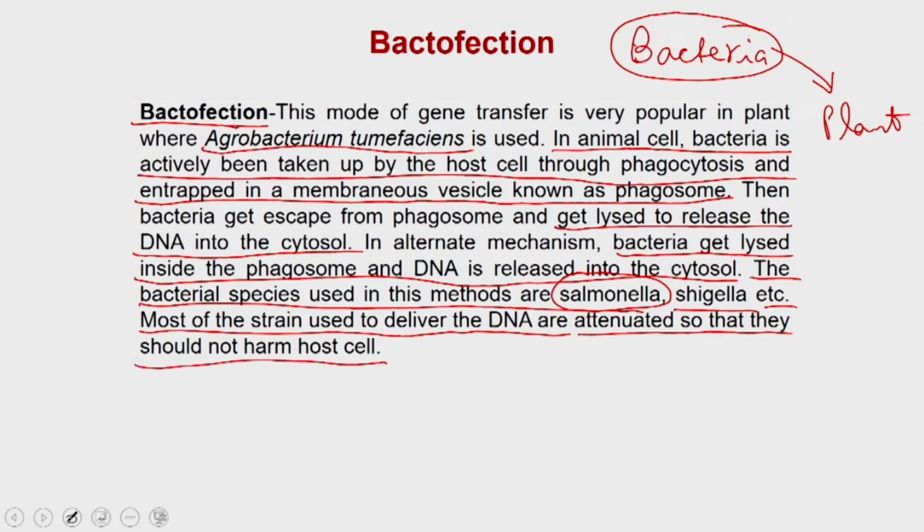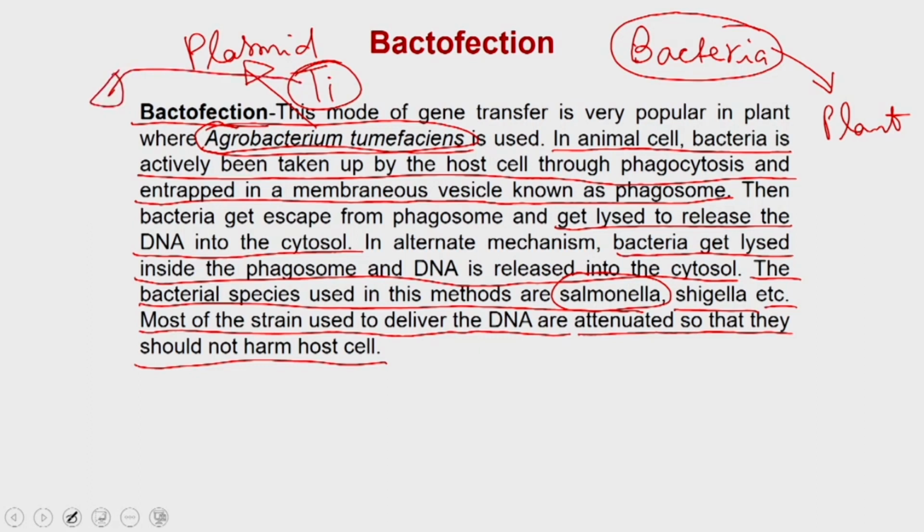Whereas in the case of Agrobacterium tumefaciens, it actually has its own plasmid, which is called the Ti plasmid, and people use the Ti plasmid to clone the recombinant DNA or recombinant gene which they would like to transfect into the plant. So they first clone the gene into the Ti plasmid, and then they transform the Agrobacterium tumefaciens with this recombinant Ti plasmid.